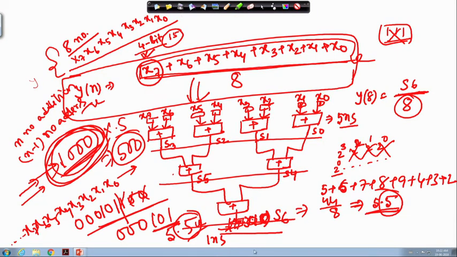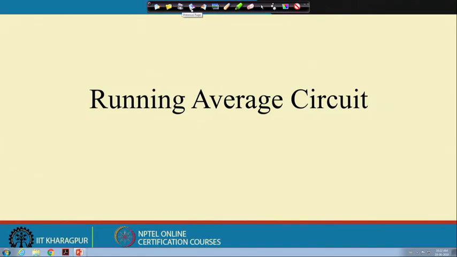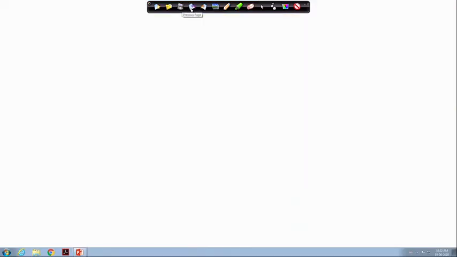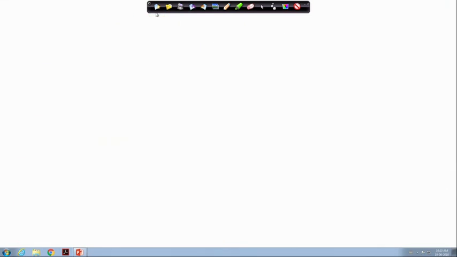So, this is the input resistor, this is the output resistor. If these resistors require 1 nanosecond of delay, okay. So, what will be my total computation time for doing the running average of 1000 samples?